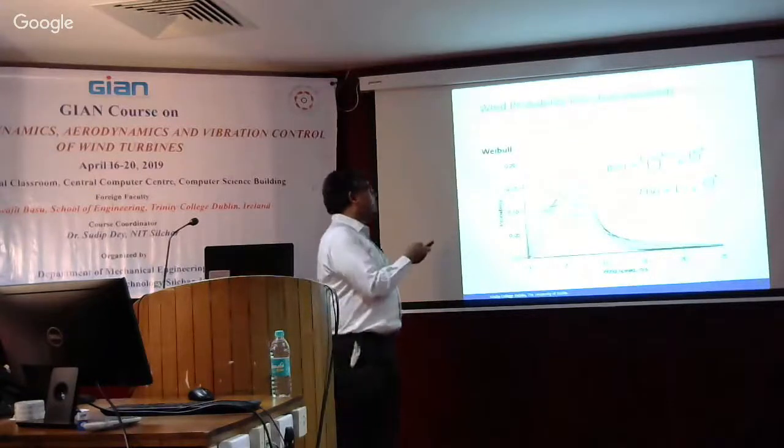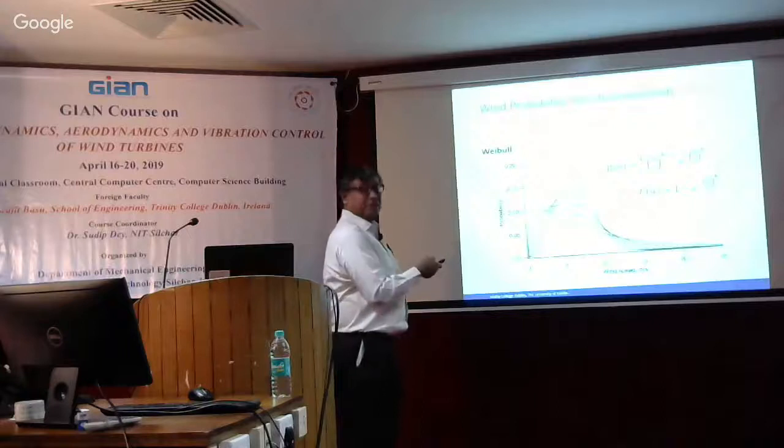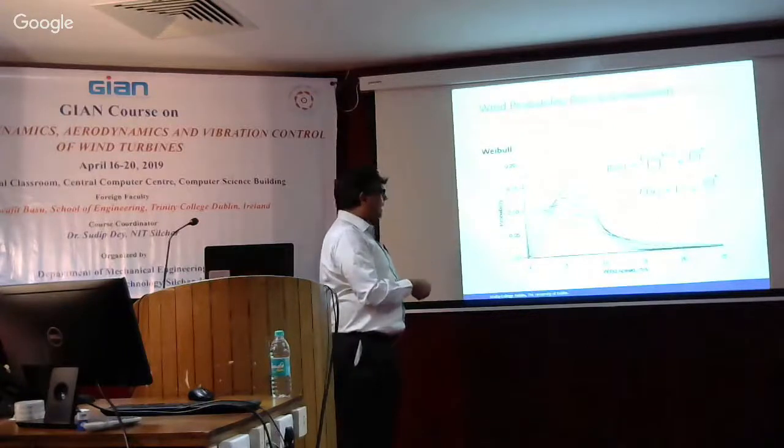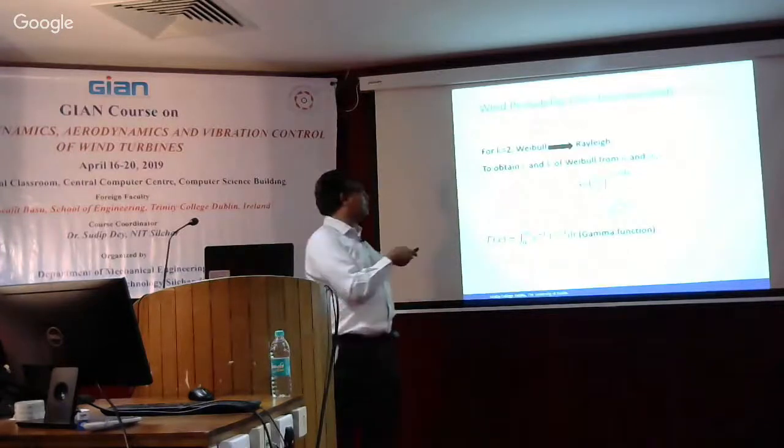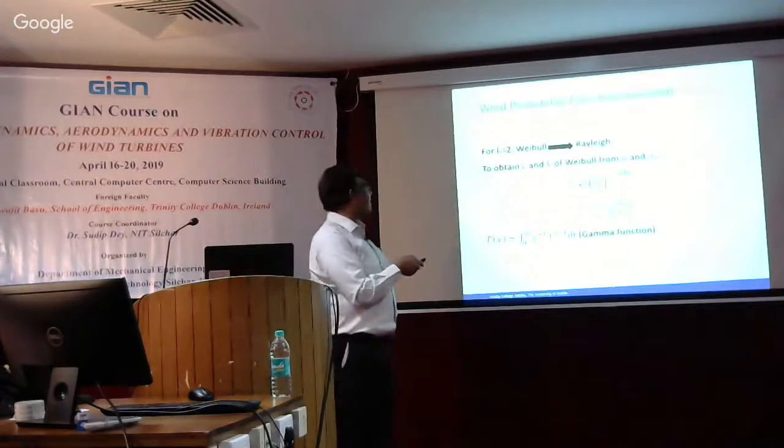So if I take the mean and variance and integrate this expression, essentially I will get two expressions giving the values of K and C in terms of the mean and the standard deviation. So knowing the mean and standard deviation of the data, we'll be able to get K and C, and that then gives us the Weibull distribution.